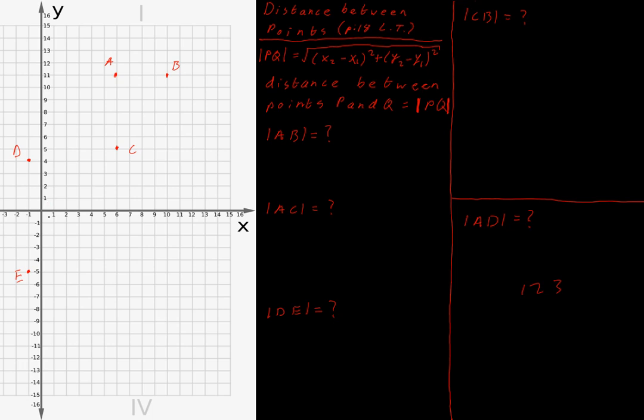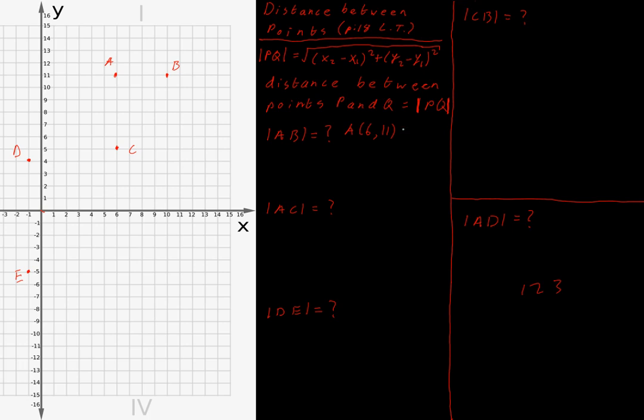So as always, to get my coordinates, I start at the origin, 0, 0, and then I go in the door until I'm underneath my point A, and that gets me to 6. So I go in the door 6 and up the stairs 11.